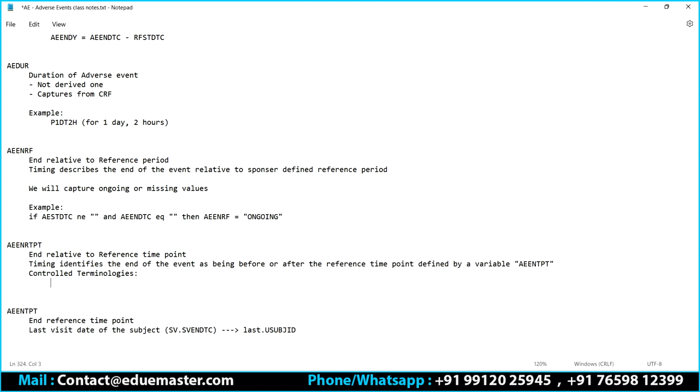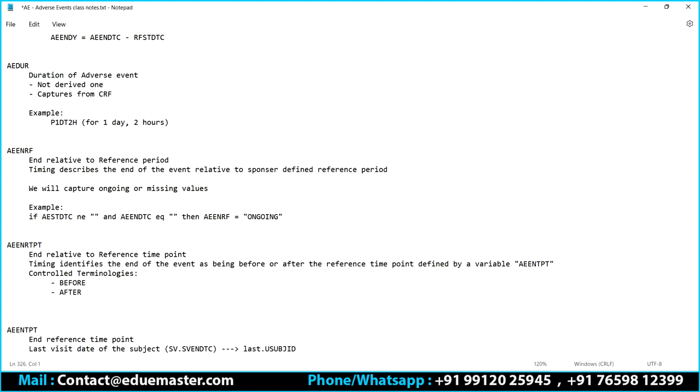Number one, either it can be before, or it can be after. I told you this here itself. Or it can be ongoing, or it can be unknown, I don't know, or it can be same date of treatment, coincident. It can be any of these.